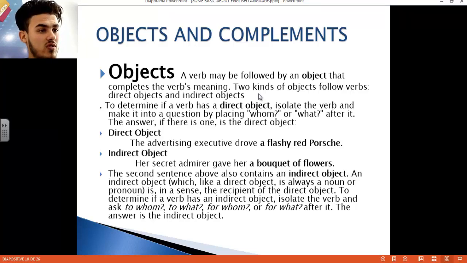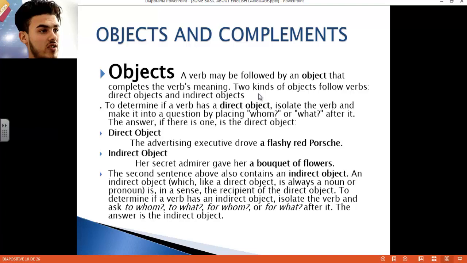The second sentence above also contains an indirect object. An indirect object, which, like a direct object, is always a noun or a pronoun, is in a sense the recipient of the direct object. To determine if the verb has an indirect object, isolate the verb and ask to whom or to what, for whom or for what, after it.